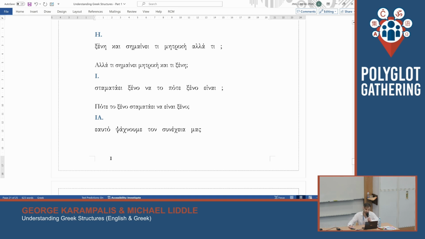When does foreign stop being foreign? Ψάχνω means we search. Αυτός means self. Συνέχεια means all the time. Wow. Yeah, correct. Τον εαυτό μας. Yeah, we keep searching for ourselves. We search for ourselves all the time.